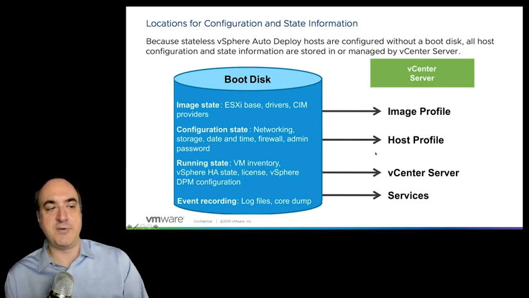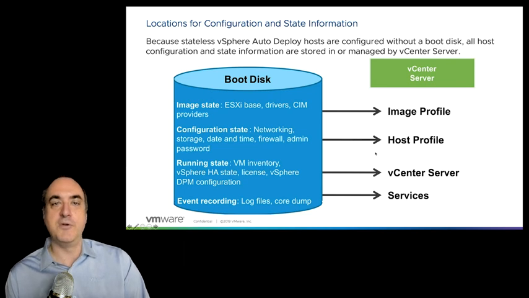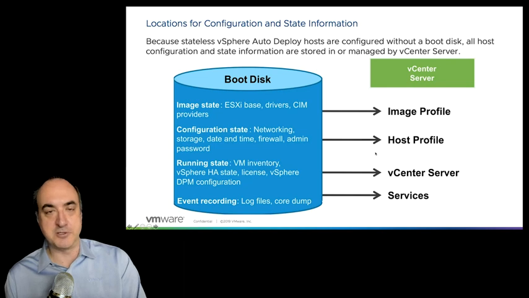And then the event recording, log files, and core dump. An ESX server typically would have its own local log files and usually its own local core dump partition. Well, those aren't going to be something that the ESX server can do any longer. So there are actually services that will be enabled on your vCenter server. Auto deploy doesn't just enable one service, the auto deploy service. There's actually what's called a core dump collection service. And you can also set up a logging service.